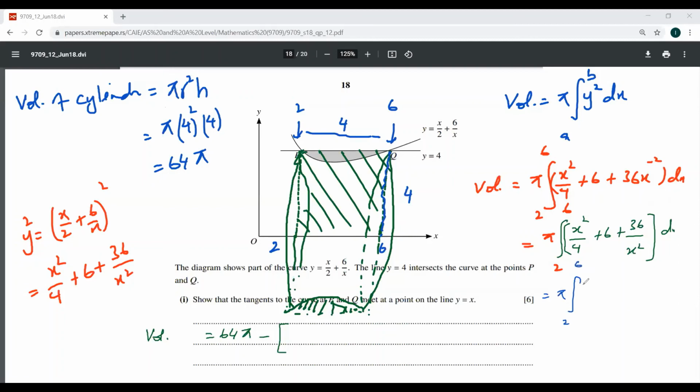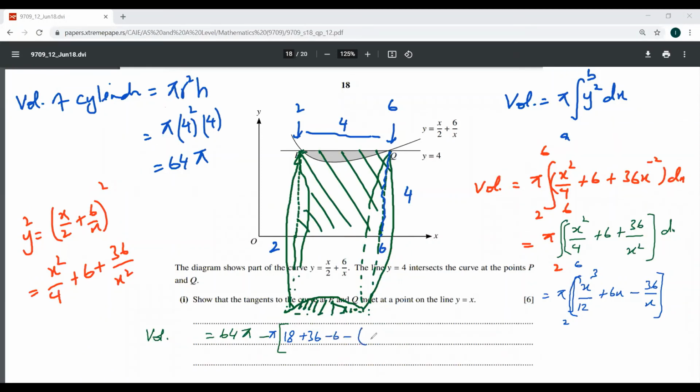So this is x cubed over 12, this is 6x, and this is minus 36 over x. That is what we get after the integration. Now we have to put the limits here. So this is pi into 6 cubed over 12, which is 18, plus 6 into 6, and minus 36 over 6.